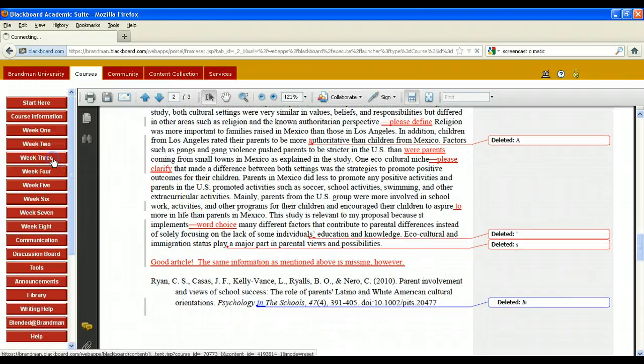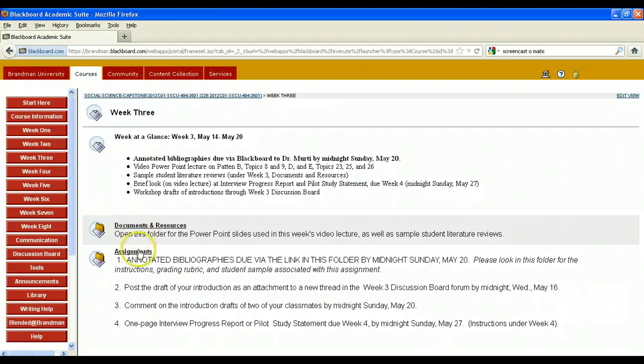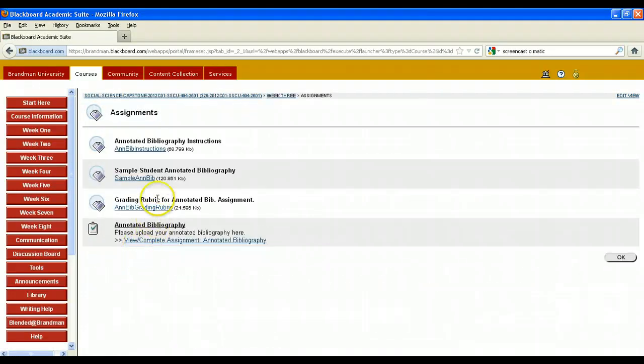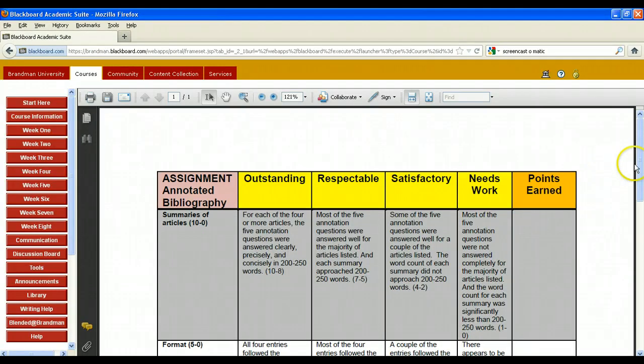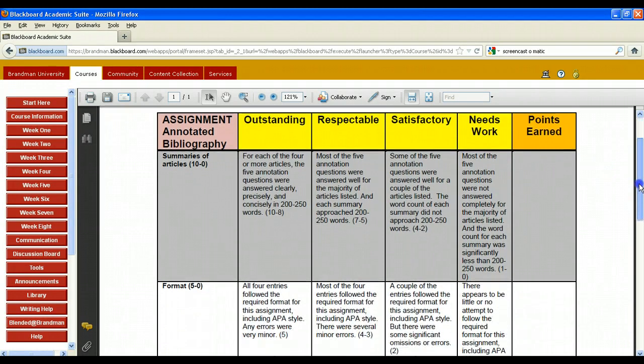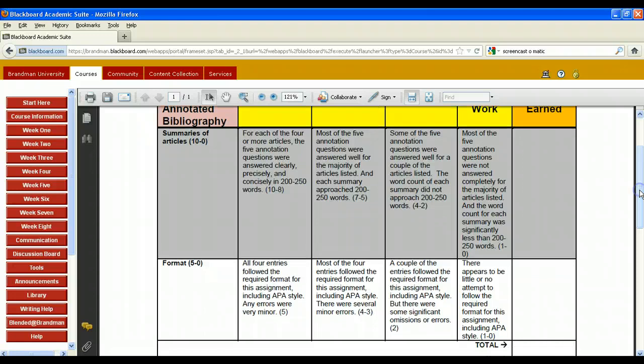Also, under week 3, look at the grading rubric for this assignment. I won't go through it all here, but you'll see that this assignment is worth 15 points. You can see that 5 of those points are focused on APA format and following it, and the rest are focused on the summaries, following the instructions for the summaries, answering all 5 of the questions clearly, precisely, and concisely in 200 to 250 words.